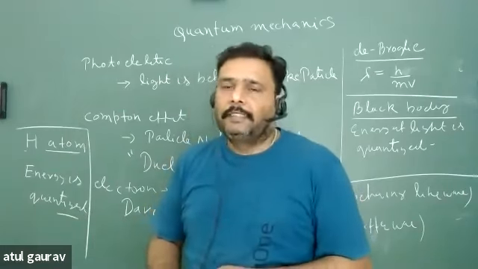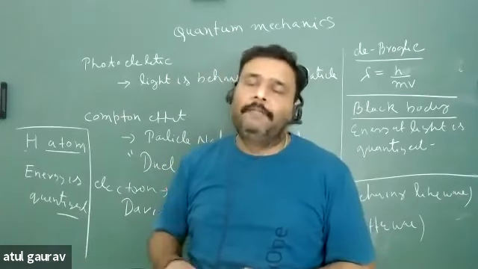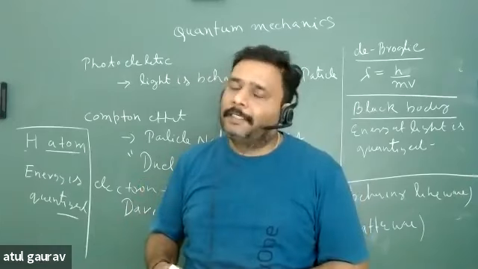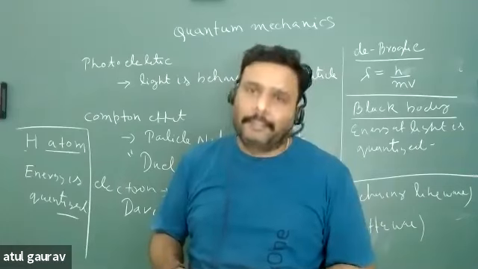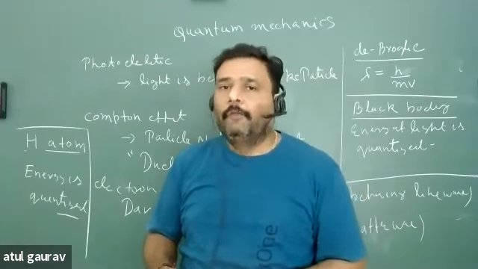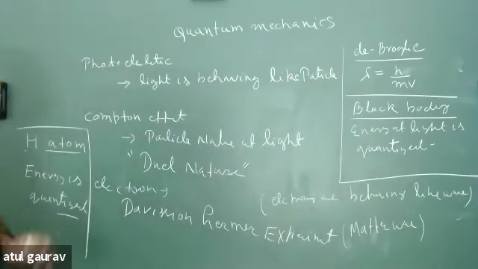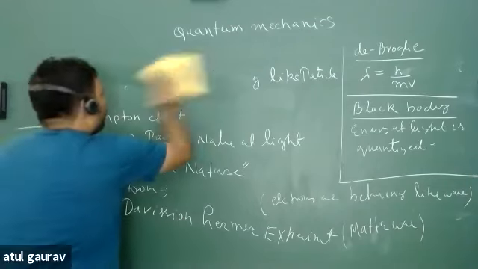The first experiment I will discuss is the Young double slit experiment, and then I will discuss the Stern-Gerlach experiment. Let's see what these things are. Let me go through the experiment, then we will discuss what is happening here.